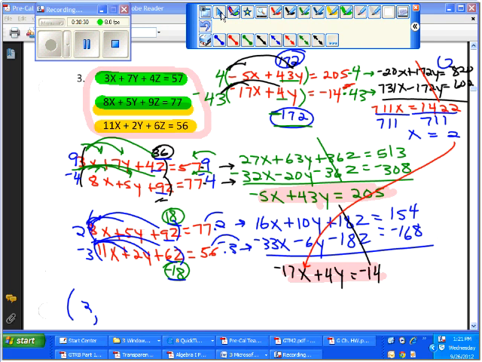So there's an equation with x and y. So I can put in the x and solve for y. So I'm going to have negative 17 times my x of 2 plus 4y equal negative 14. So we're going to have negative 34 plus 4y equal negative 14.